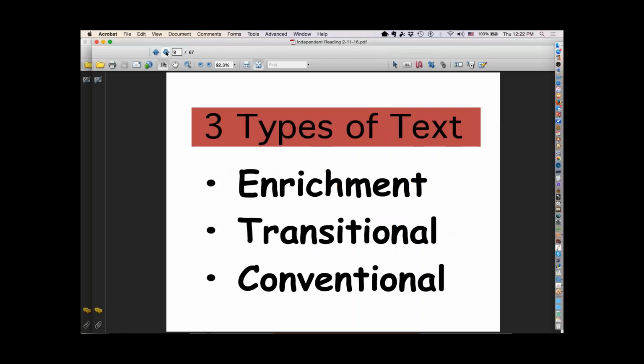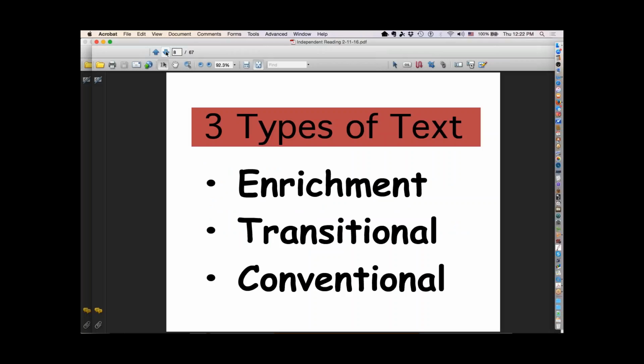So there are 3 types of texts that are described in that document about the Beginning Literacy Framework, which was supported by the Don Johnston Company. And so they talk about enrichment texts, transitional texts, and conventional text. And what I see us doing a lot is focusing on transitional text for students who are struggling.